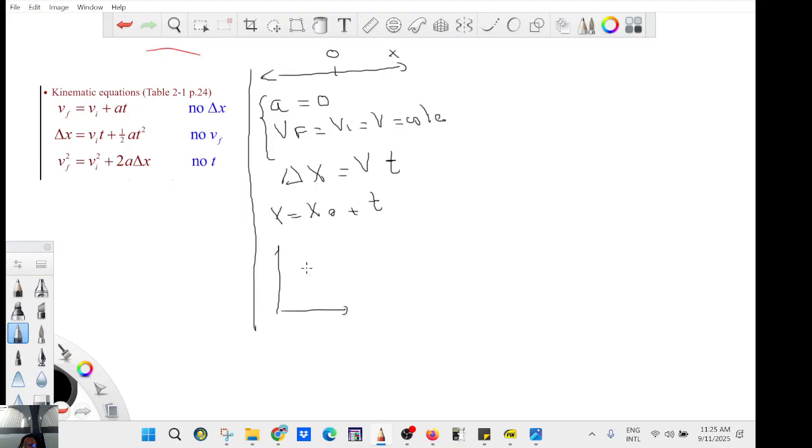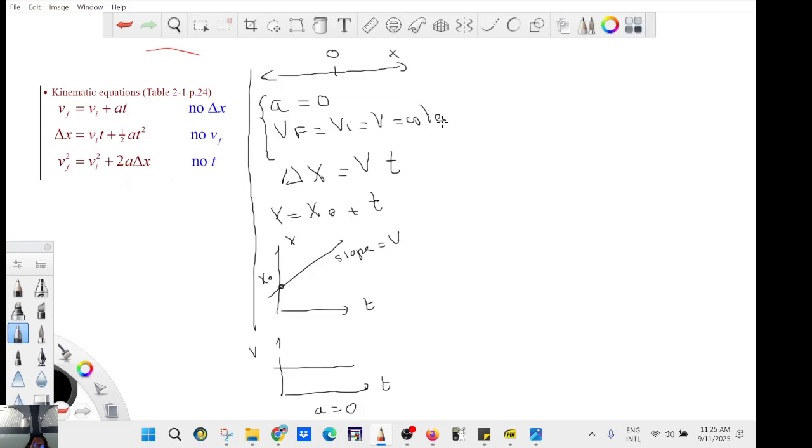If I make a graph, x as a function of t, you get a line; the y-intercept is the initial position, and the slope is v. If I look at the velocity as a function of time, it does not change, and acceleration is 0. Okay, so we're going to use these equations.